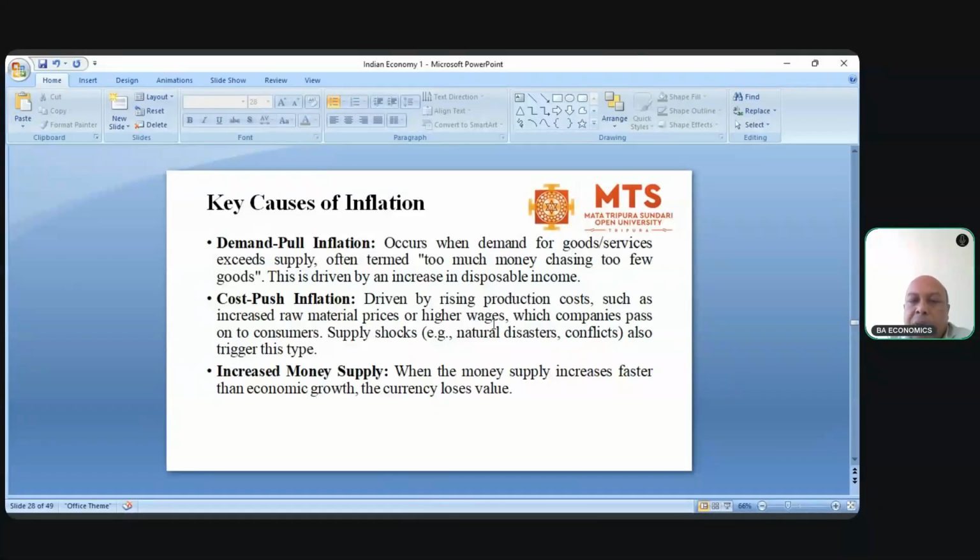And when manufacturing cost increases, then the price of the product will increase. In this way, increasing cost of production directly affects the price of the product.